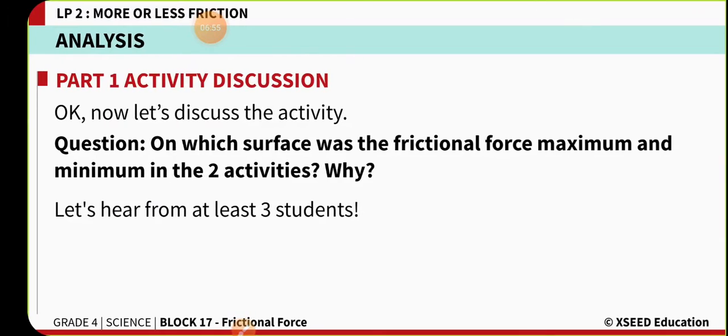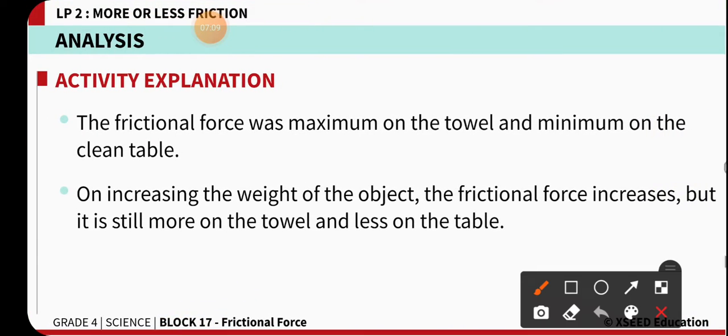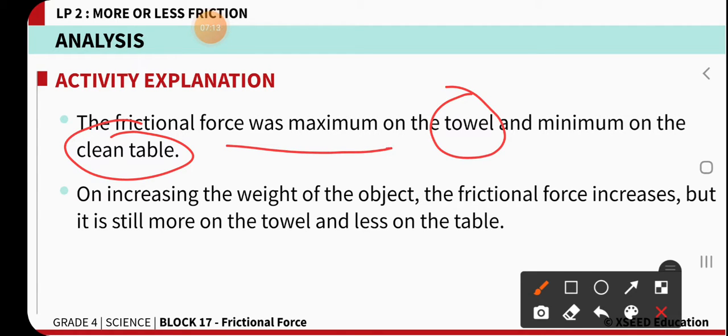Now, on which surface was the frictional force maximum and minimum in the two activities? You have done an activity with a towel and a clean table. Tell me, on which surface is the frictional force maximum? Yes, it is maximum in the towel case and minimum in the case of the clean table.